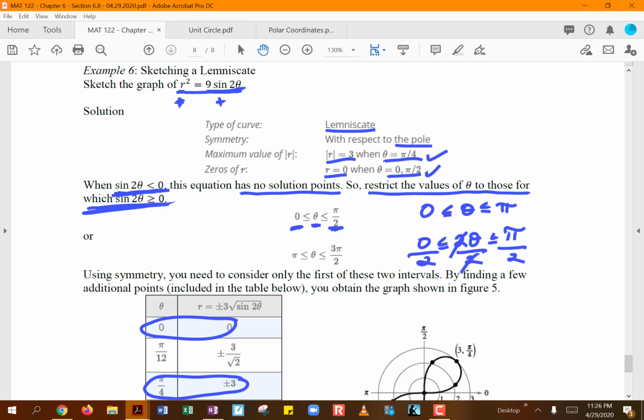So that's actually how they come up with these boundaries on our theta value, which has to stay between 0 and pi halves.